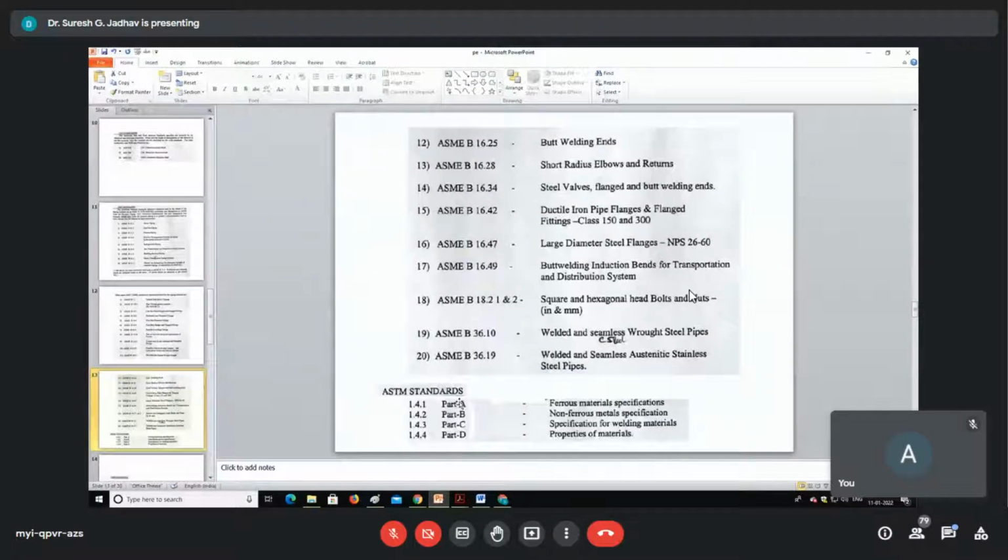The first one is Part A. It contains ferrous material specifications. Next, Part B: non-ferrous metal specifications, material construction and test methods. Part C: specification for welding materials, and Part D: properties of the materials.